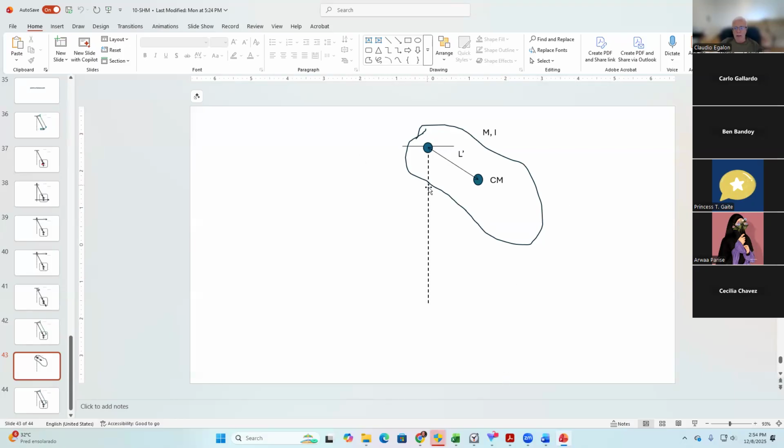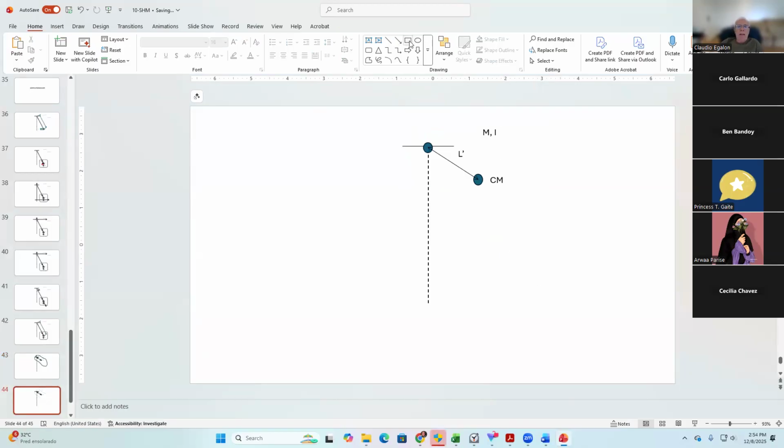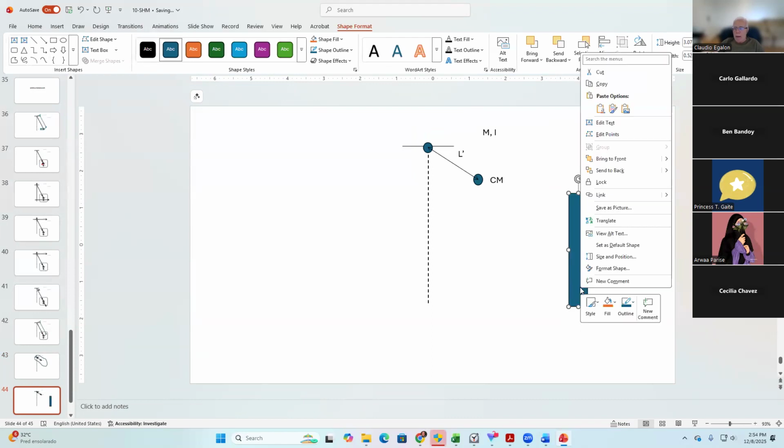In this case, it's very difficult to find the geometrical center because it's a generic rigid body. But if we are dealing not with a generic object, but let's say a strip, right?